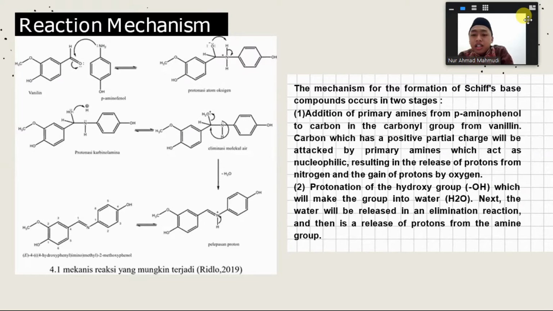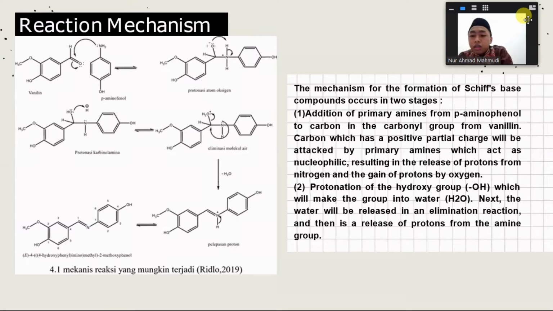Next, the mechanism for the formation of Schiff base compound occurs in two stages. The first stage begins with addition of primary amine from p-aminophenol to carbon in the carbonyl group from vanillin.